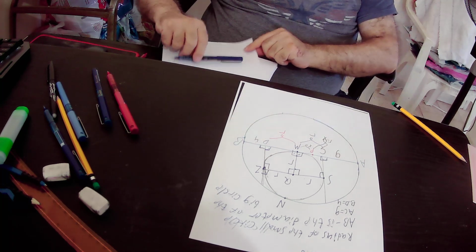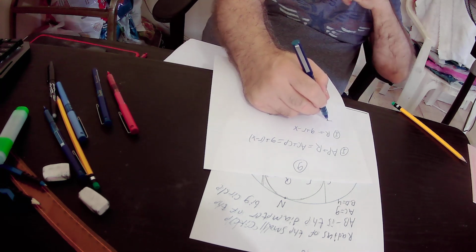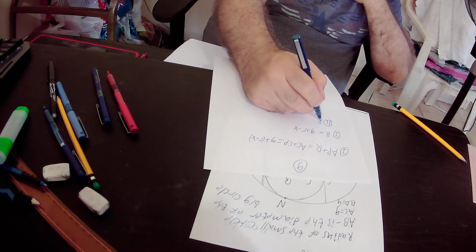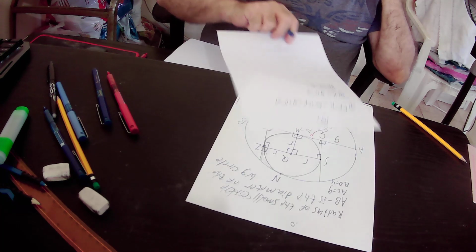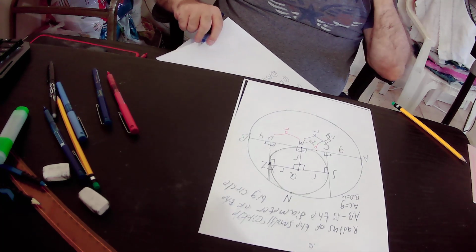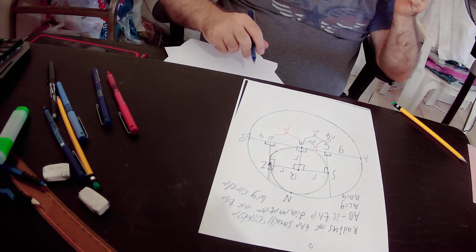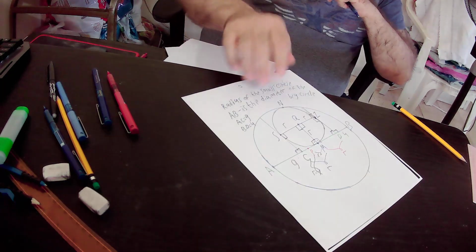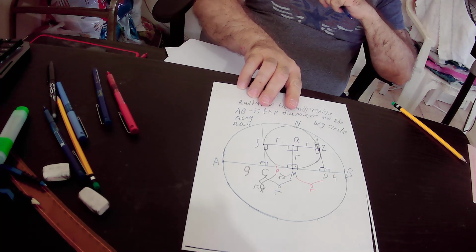So that will be our second equation that states that PB equals the radius of the big circle. And what is the value of PB?